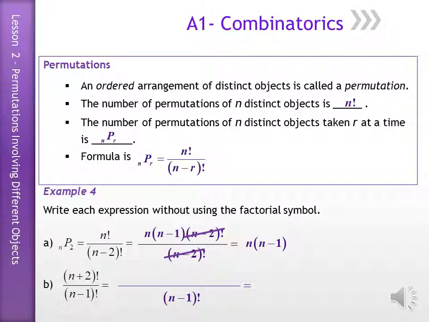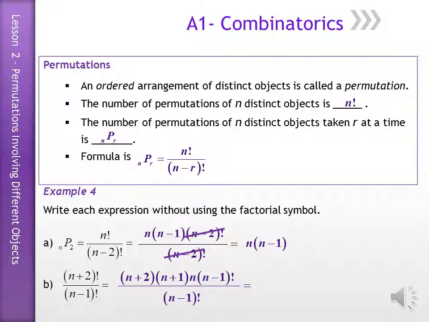Now, we want to start breaking down the larger part. So we start counting down. We start with n plus 2, times, we need to take 1 away. So now it's going to be n plus 1, times, we take another 1 away, it's now going to be n, times, take 1 more away, n minus 1, oh, stop.